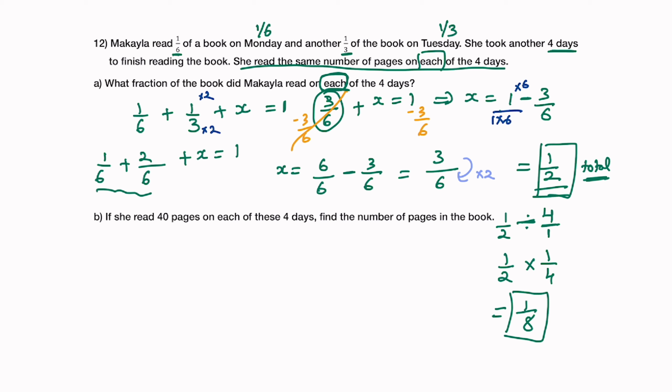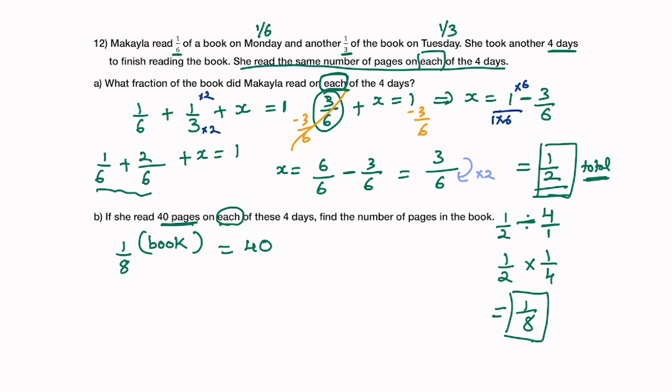Part B. If she read 40 pages on each of these 4 days, so each of the 4 days, how much is she reading? 40 pages, right? So one day is 1/8 of the book that she reads, right? 1/8 of the book is how many pages? 40 pages. If she read 40 pages on each of these days, find the number of pages in the book, right?